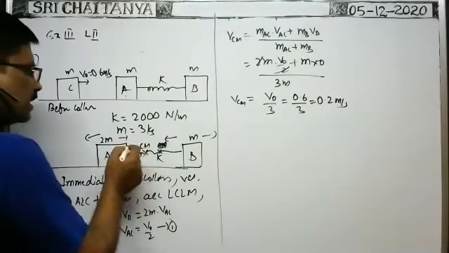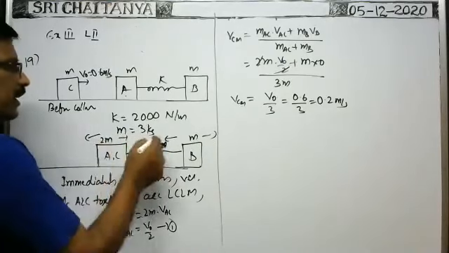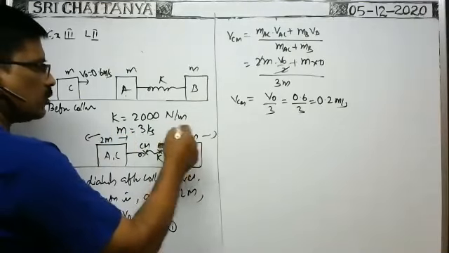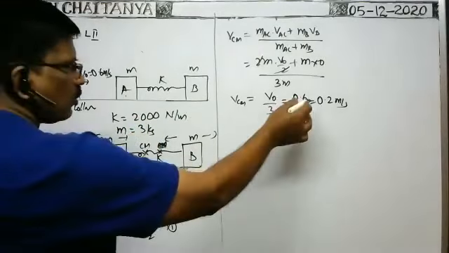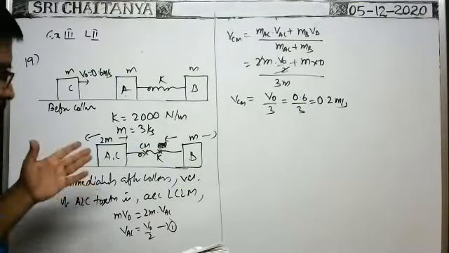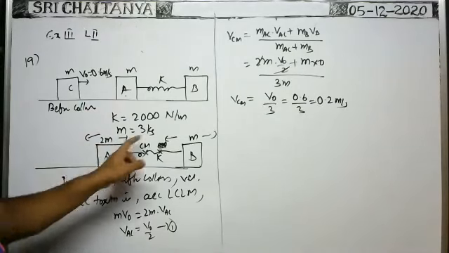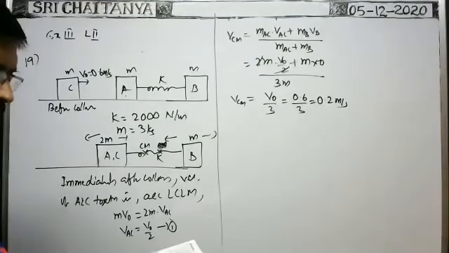Whenever the velocity becomes 0, it again starts moving back. In this way it makes oscillations about the center of mass, which moves at 0.2 meter per second in the forward direction. So what about the time period of oscillation? As it now becomes a reduced mass system, we can find the time period.